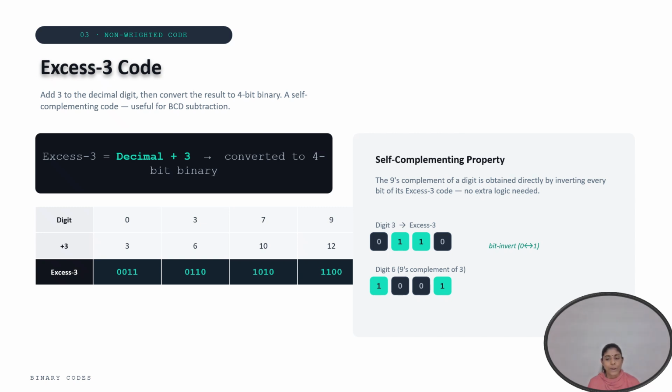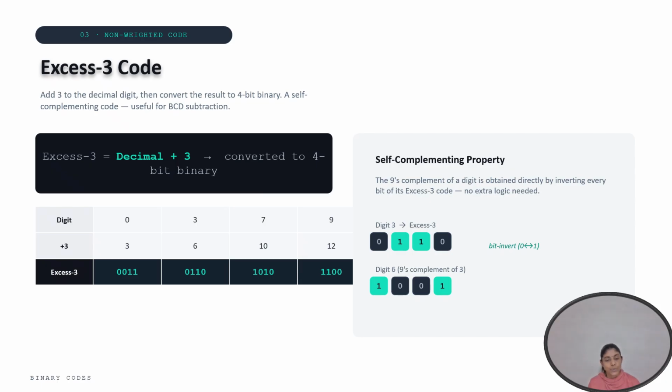So 0110. Here, this is nothing but the 9th complement of the digit. So for that, first what you have to do? First you have to convert this 0110 to ones complement.